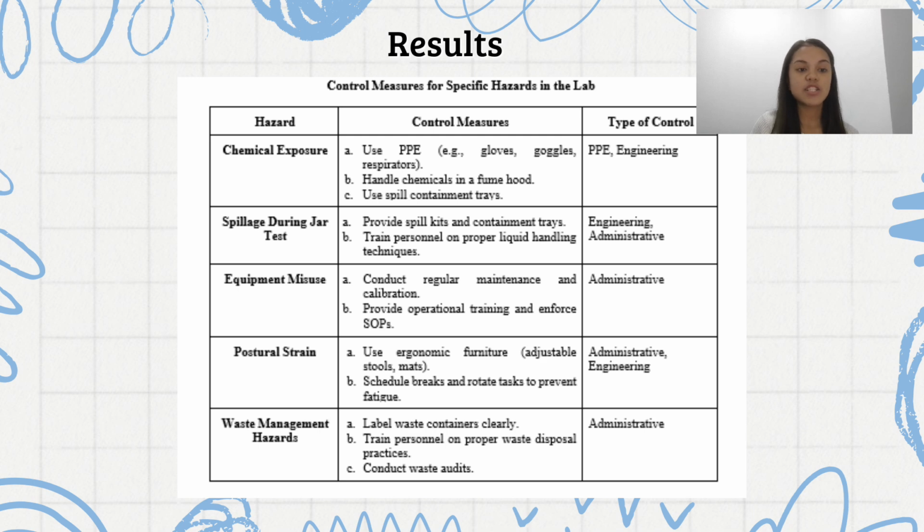The third one is engineering controls, which separate workers from the risk by erecting physical obstacles or altering the workspace, for instance, using splash shields to prevent spills or fume hoods when handling chemicals.